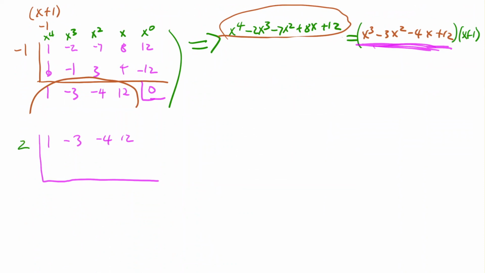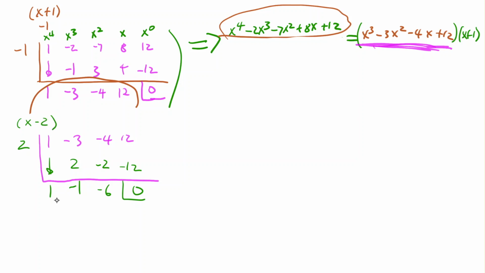And let's check. 1, 2 times 1 gives me 2. -1, -2, -6, -12, remainder 0. Good. So that means we're able to synthetic divide by, in this case, x minus 2.